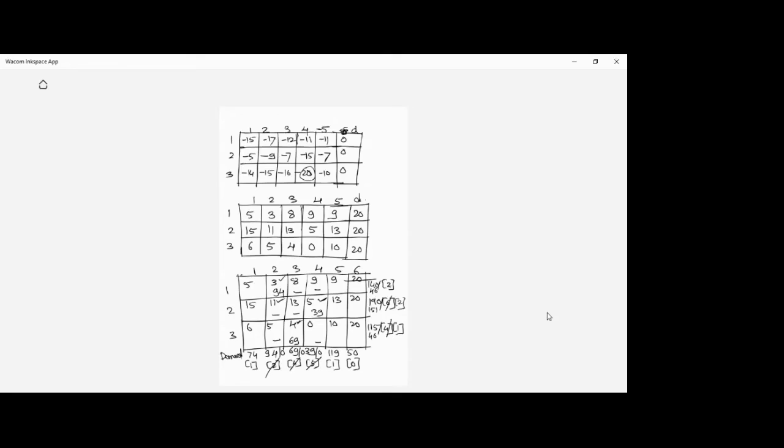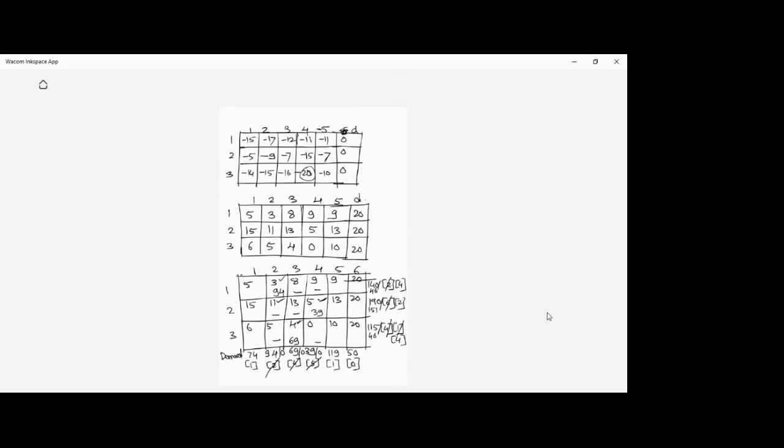For row number 1, let's recalculate the penalty. It will be 9 minus 5, that will be equal to 4 here. For row number 2, it will be 15 minus 13, that is, the penalty remains 2 only. And in row number 3, the penalty will be 10 minus 6, which will be 4.